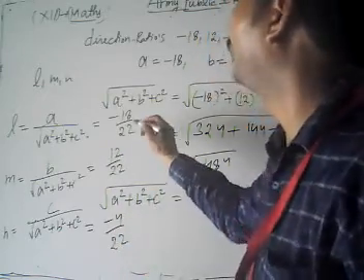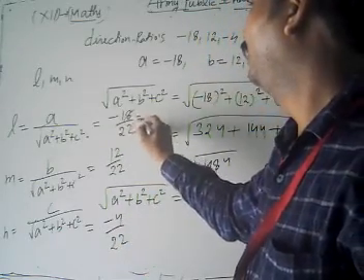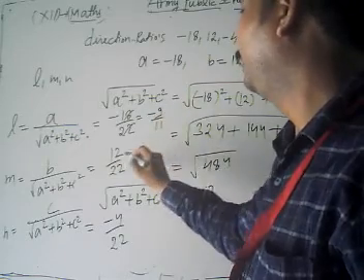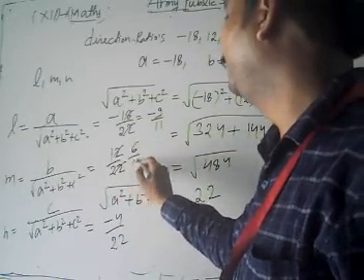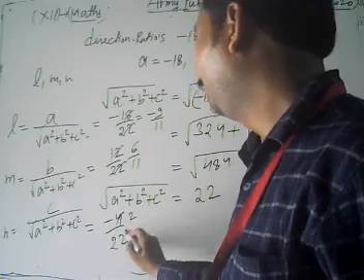Further simplifying, it is minus 9 by 11, 6 by 11, and minus 2 by 11.